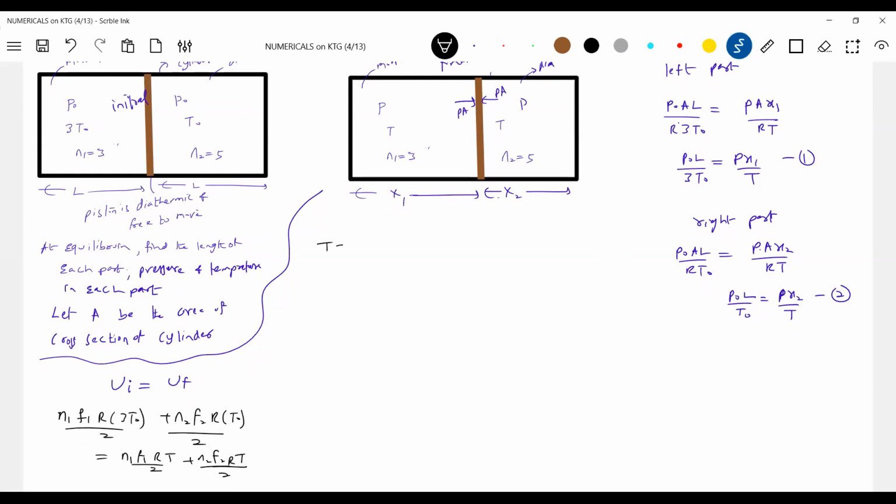So what is T equal to? Number of moles 3, degrees of freedom 3, monatomic gas, temperature 3 T naught. Number of moles 5, degrees of freedom 5, temperature T naught.